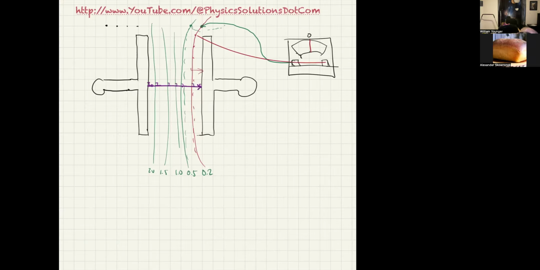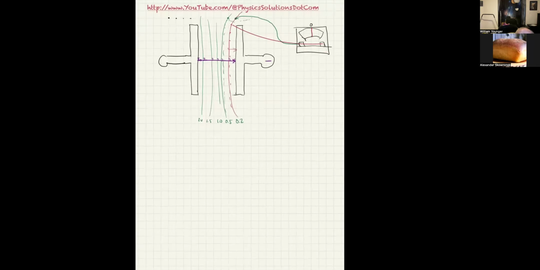And if we consider this the negative terminal and this the positive terminal, then the direction of the electric field is that purple arrow. And you can see that that purple arrow is going to be the same over here because all these lines are essentially parallel, at least until you get to the edge.